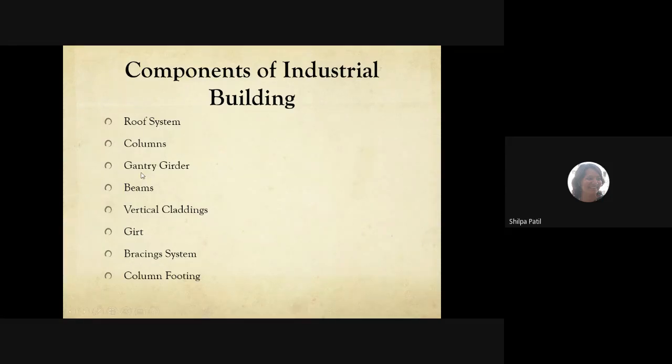The columns also support the gantry girders, beams. The vertical claddings are nothing but the walls of the structure. These claddings are provided to cover or enclose the entire structure from the external side. So these are the vertical claddings. Girts and bracing systems are used to support the various members in the industrial building.